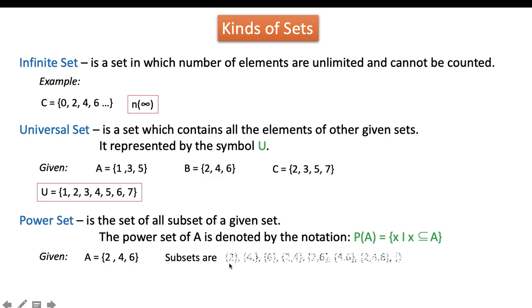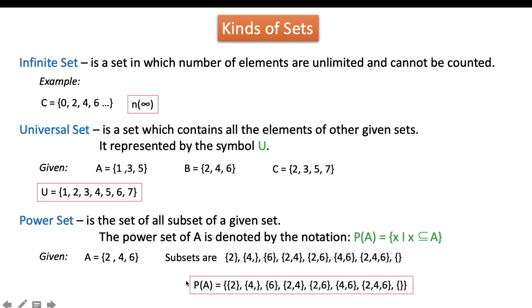The subsets are {2}, {4}, {6}, {2, 4}, {2, 6}, {4, 6}, {2, 4, 6}, and the empty set, since we know that the empty set is a subset of all sets. These are all the subsets of a set with 3 elements, and these subsets are actually the power set of this given set.